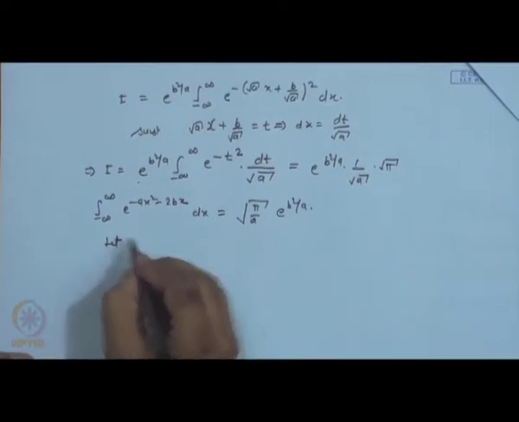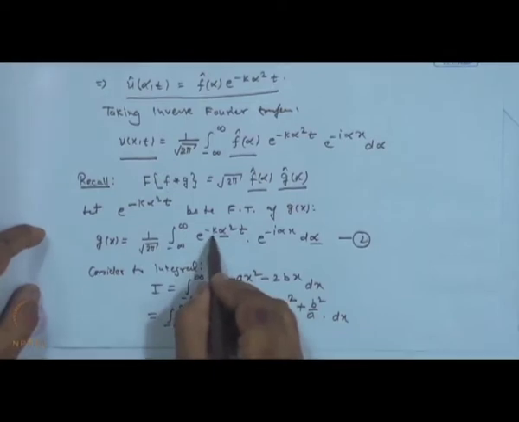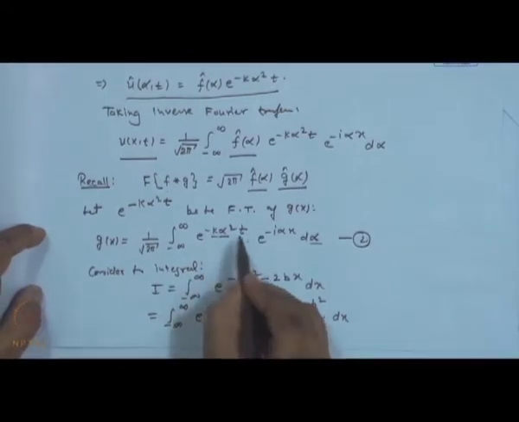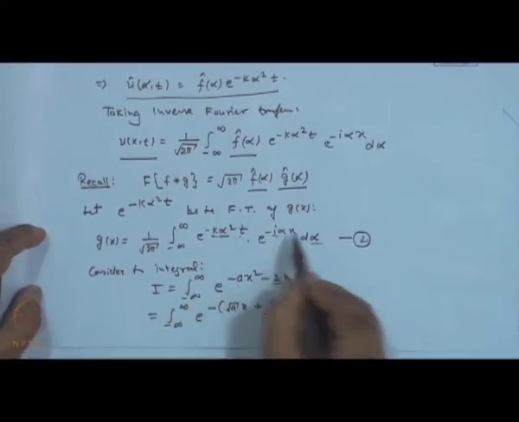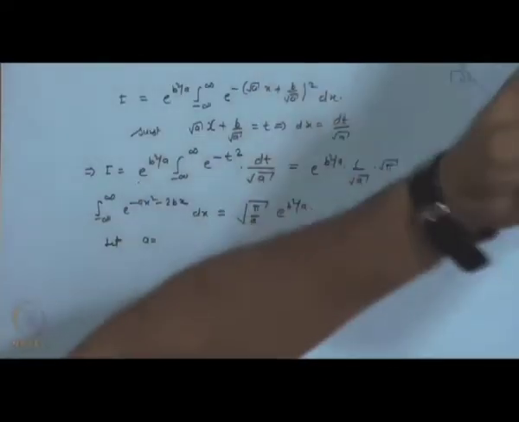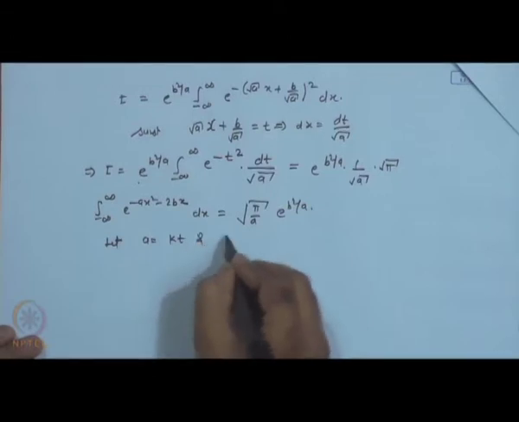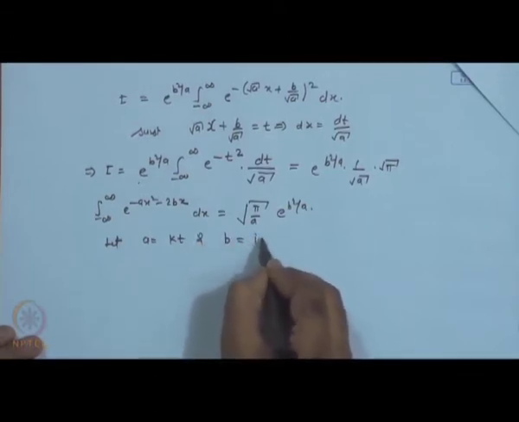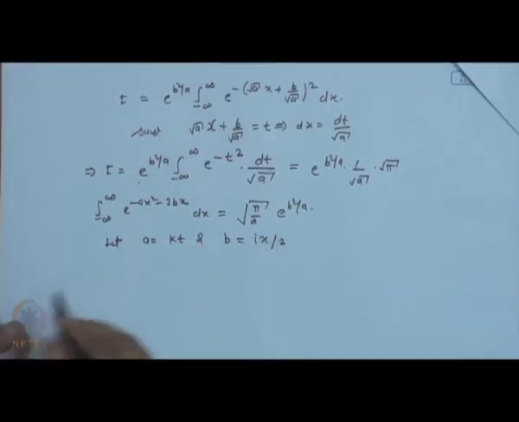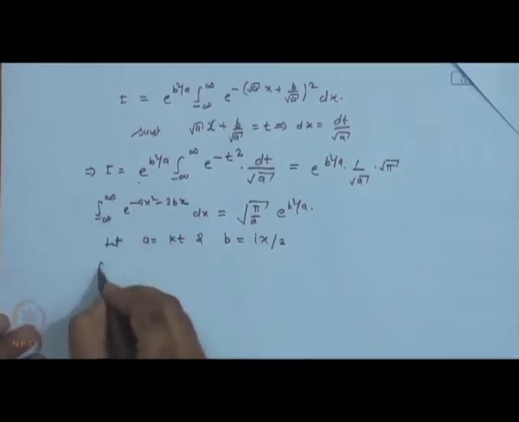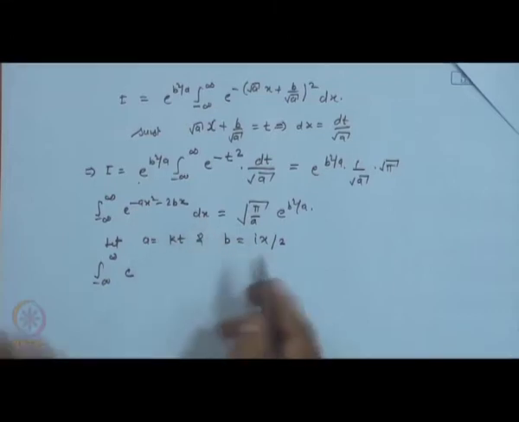Now, because we want to go back to this integral, we will choose our a as k t and this 2b as i x. So, a is k t and b is i x by 2. We will get our required integral, and we change the integral variable to alpha.